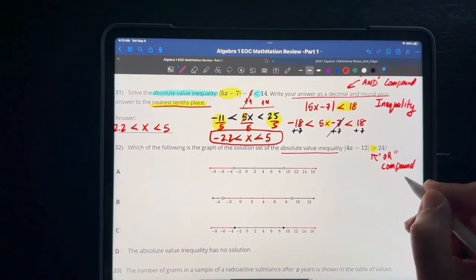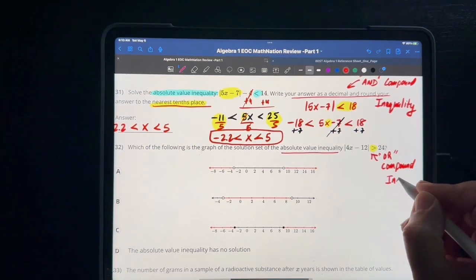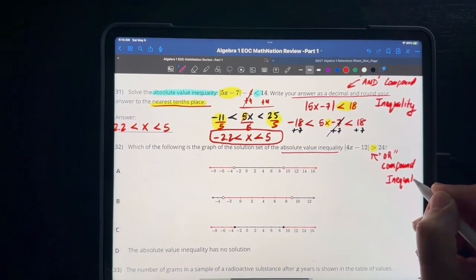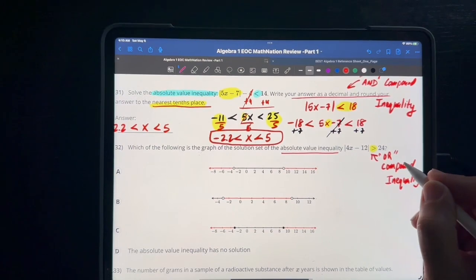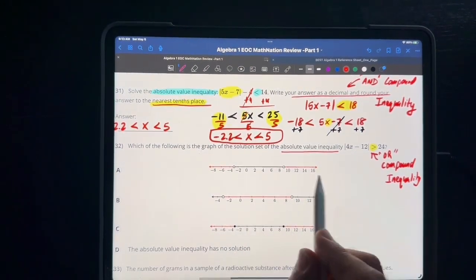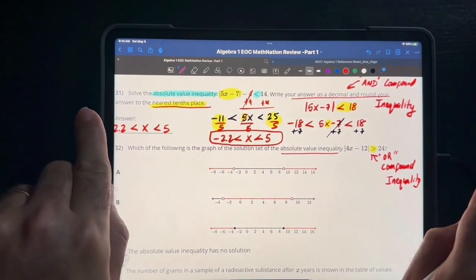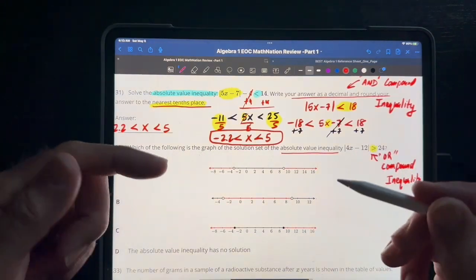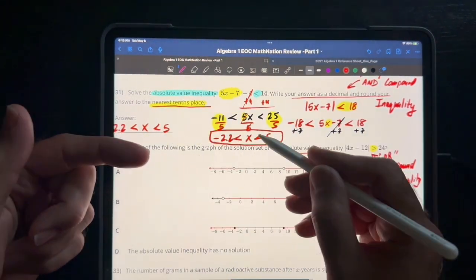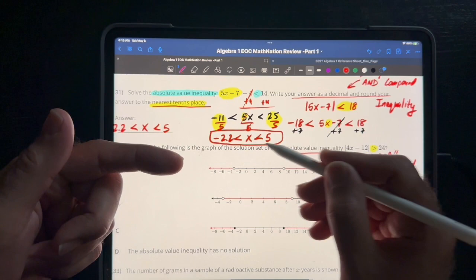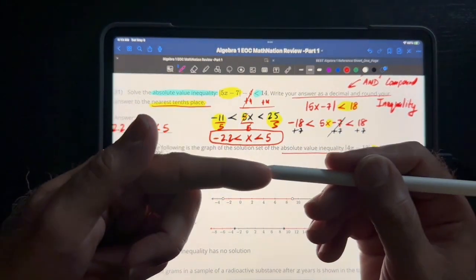And what's the difference between OR and AND? Well, the graph, for one, the way you split it, right? The graph is going to be split. One is going to go that way and the other one's going to go that way. And if we were to graph this guy, the graph will be connected.